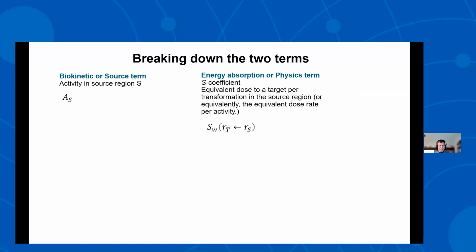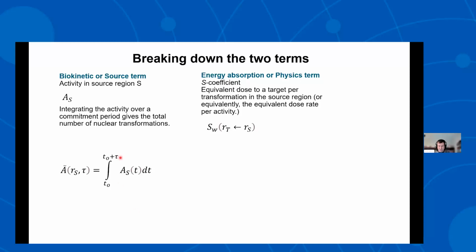So if we break down the two terms, if we integrate the activity as a function of time in a given source region over the commitment period tau, so that's this piece right up here, we get the total number of nuclear transformations which took place in the source region during that commitment period. If we divide by the total intake activity, we get the number of transitions in the source region per activity intake.